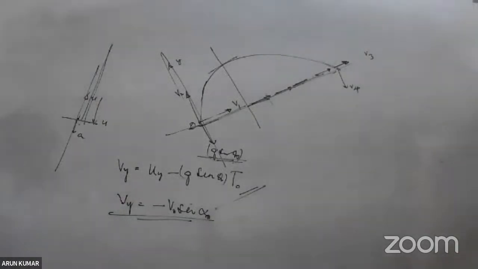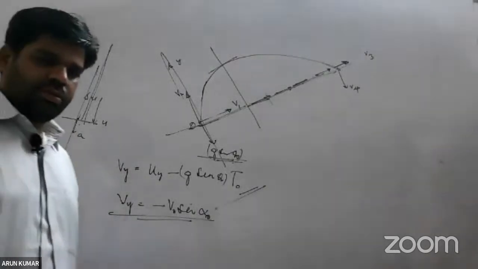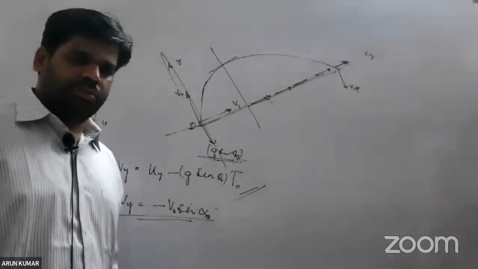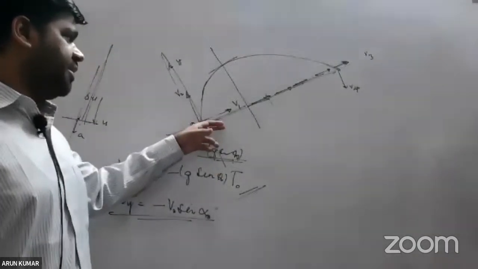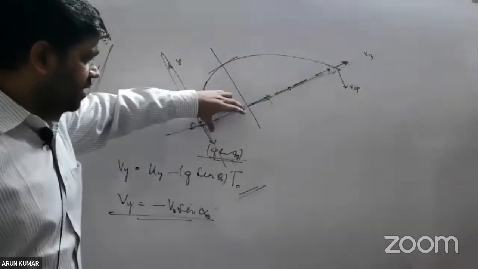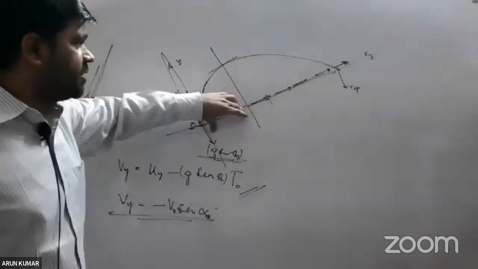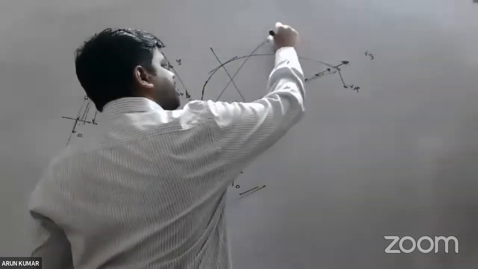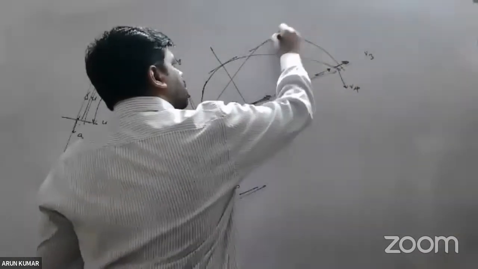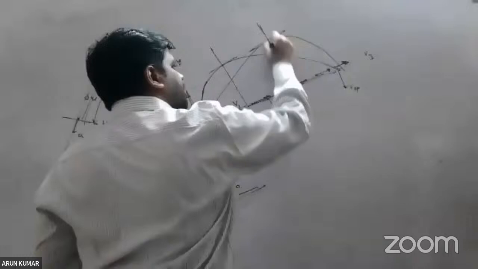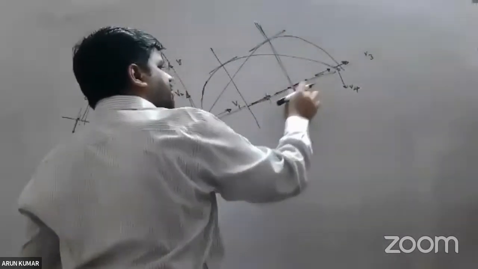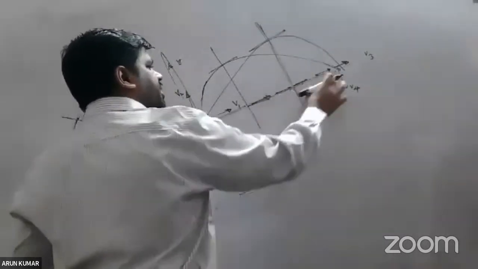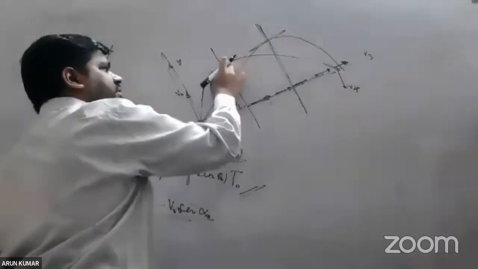Because V1 needs to be retarded. Yes, it's retarding, right? So when it's retarding, in this time it will travel more distance. So the correct trajectory will be like this, with the maximum height reached, unsymmetric with respect to the x-axis, this is more than this one. So this is correct and this is wrong.